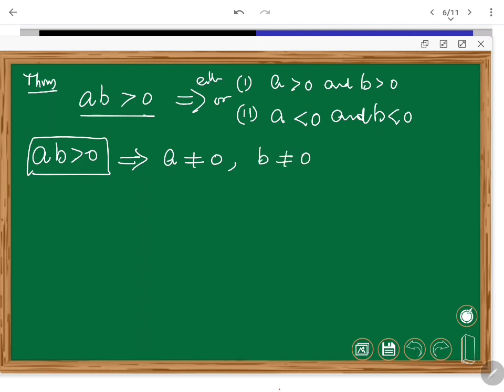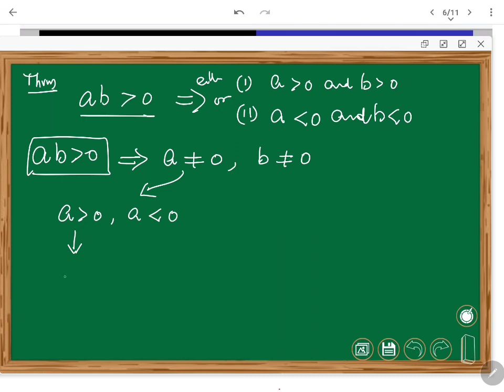If one of them is 0, the product is going to be 0, right? So we can use trichotomy. A is not equal to 0, which means either A is positive or A is less than 0. These are the possibilities.